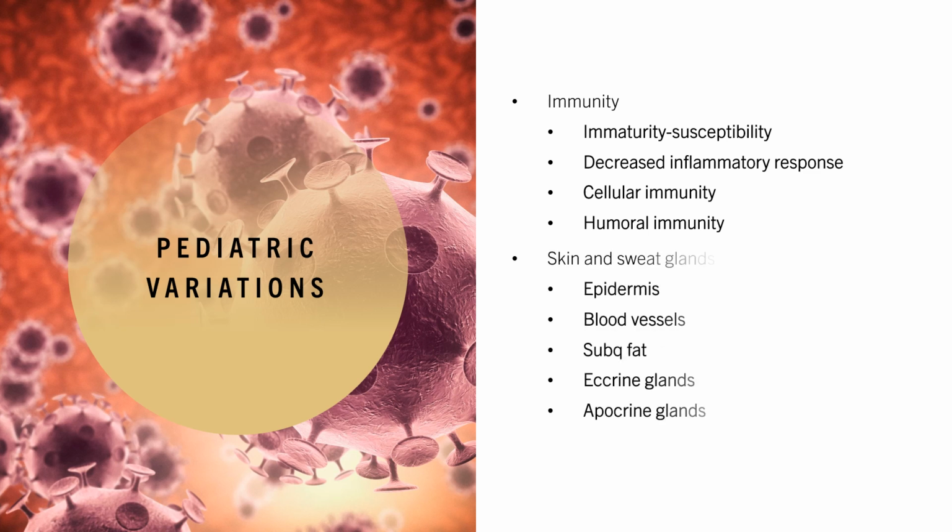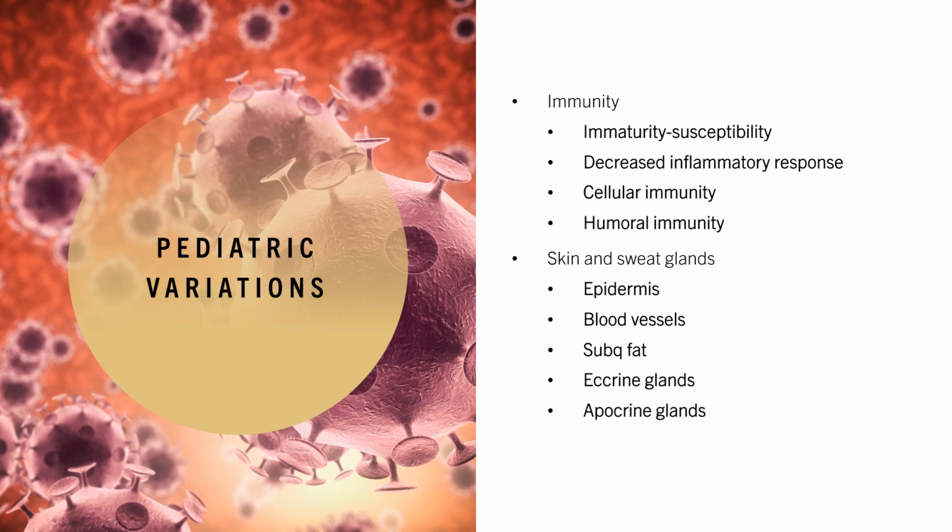We're also going to talk about the differences in the skin and the sweat glands. The epidermis. So it's thinner than that of an adult. The blood vessels are closer to the surface, and there's decreased amounts of subcutaneous fat.